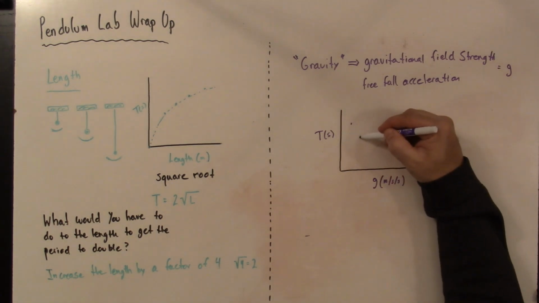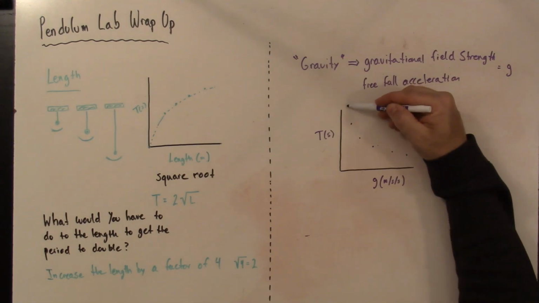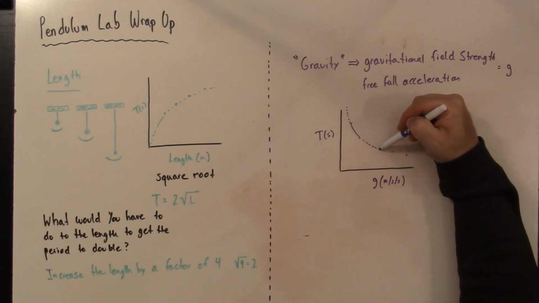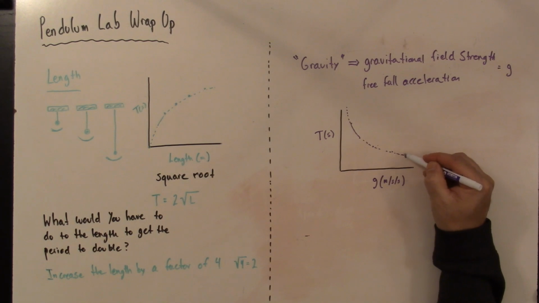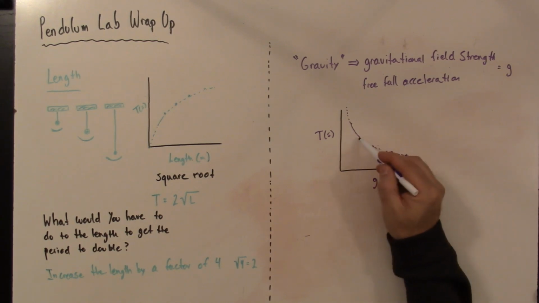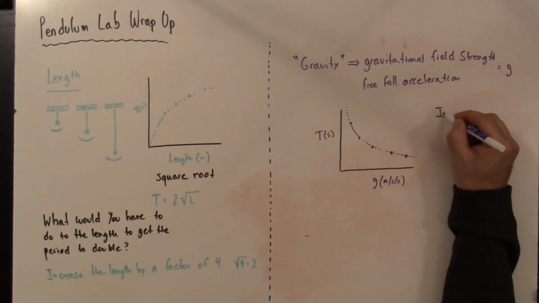But you ended up with some data points that look like this. And if you connect the dots here, you may get a shape that looks like this. You may be a little bit familiar with this. The problem is, if you put this in Desmos, you realize this is an inverse relationship of some sort.